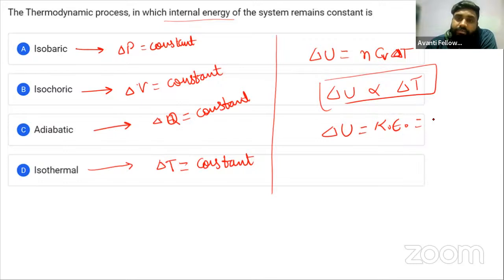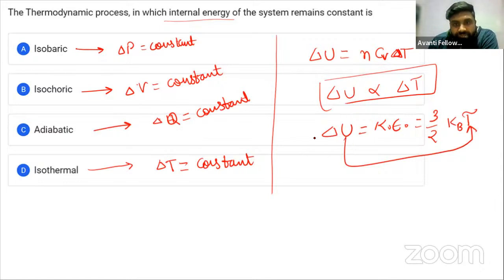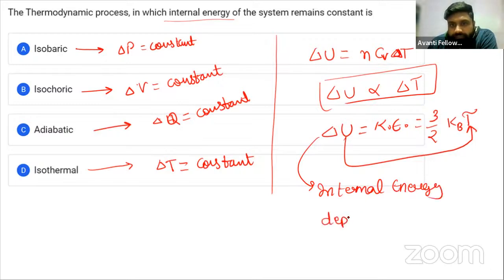And the kinetic energy of the system is given by 3/2 kB T, which again depends on temperature. So we can say that internal energy depends on temperature.